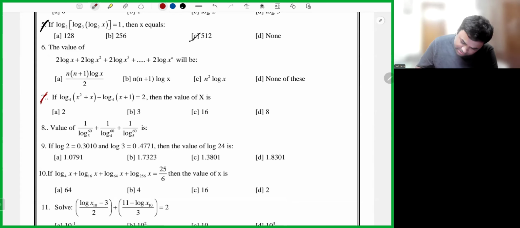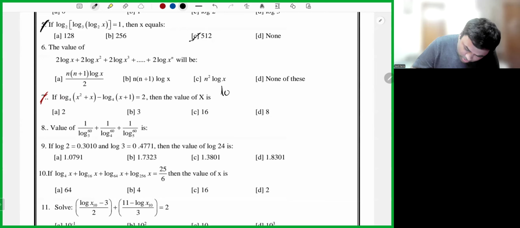To see, my dear friends, the seventh one is telling log of x square plus x divided by 4 minus log of x plus 1 divided by 4 is equals to 2. What is log m minus log n? Log m by n, right?